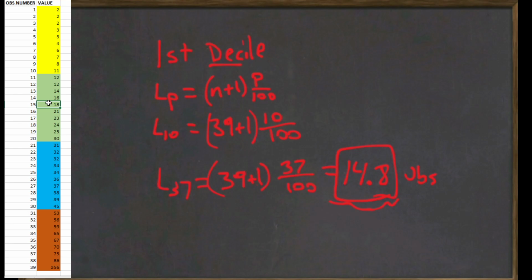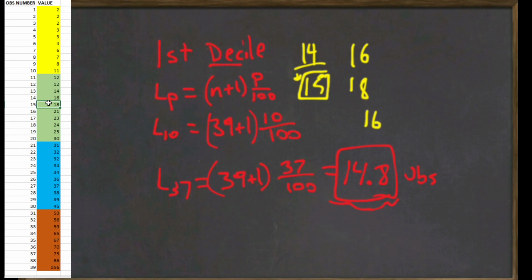One way to think about that is our 14th observation is 16, and our 15th is 18. We want to be 80% of the way down here. So we can calculate that by doing 16 times 0.2 plus 18 times 0.8.